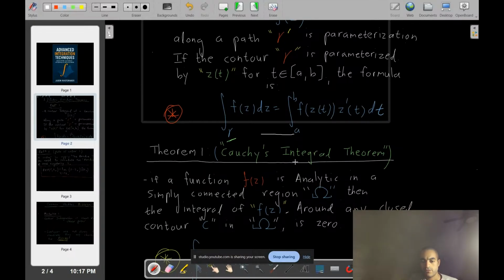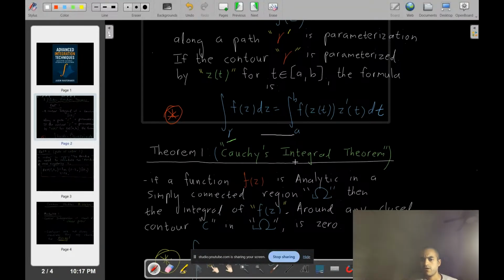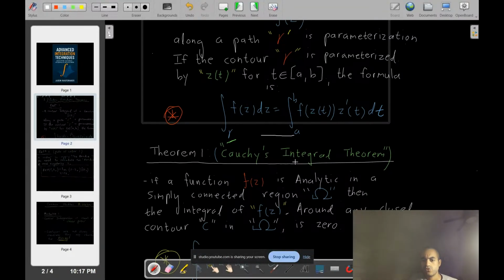For those of you who have taken multivariable calculus, you probably notice that this integral looks very familiar. If you're thinking of integrals of vector fields, when you had to choose a correct parameterization, it's related to that, but it has nothing to do with vector fields.